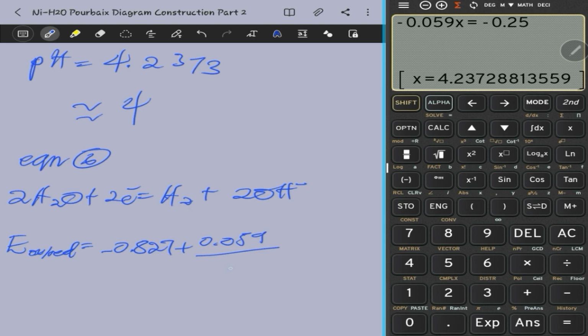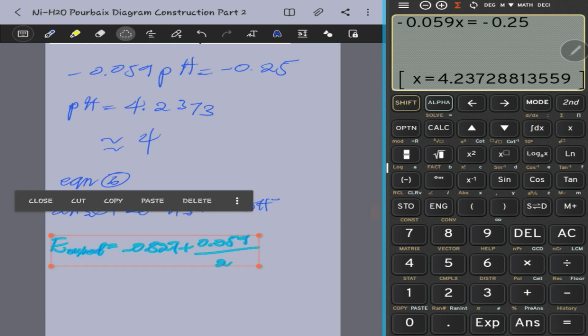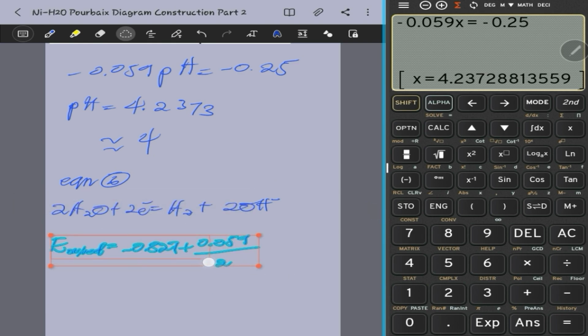The number of electrons involved is 2, so we have 2 already for that. Then log.